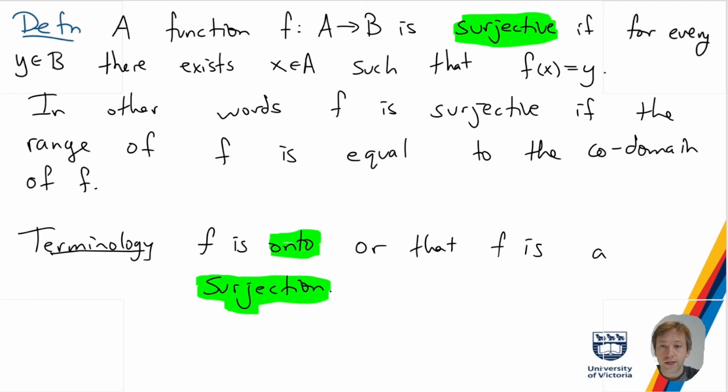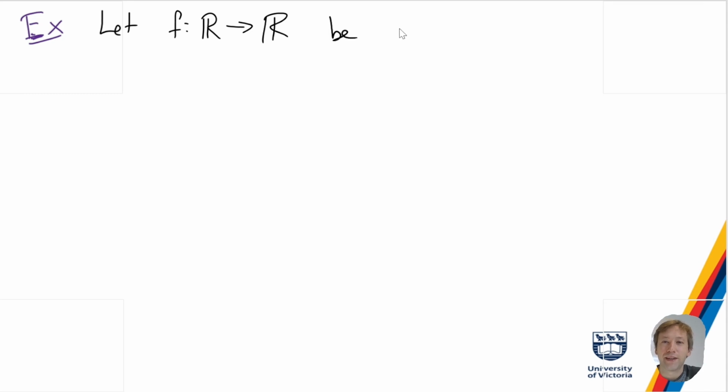Okay, so let's look at one of these examples again, but this time from the perspective of surjectivity. Suppose I let f be a function from the reals to the reals defined by f of x equals 2x plus 5.